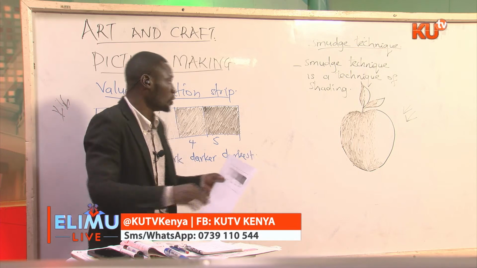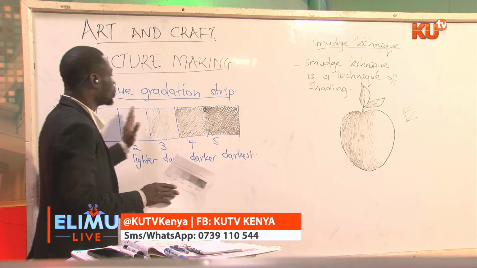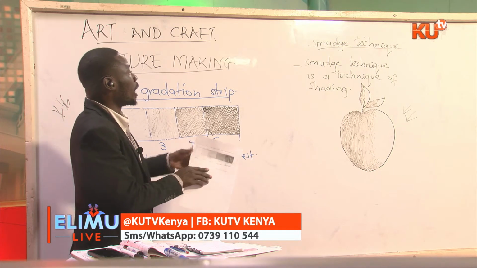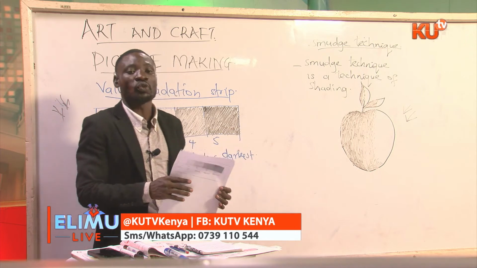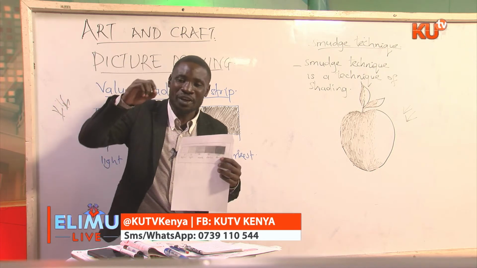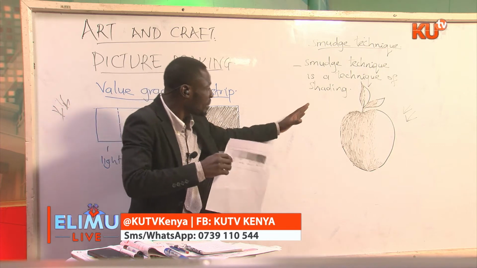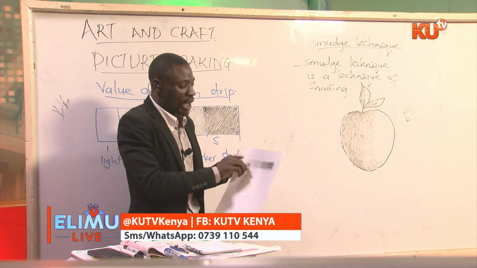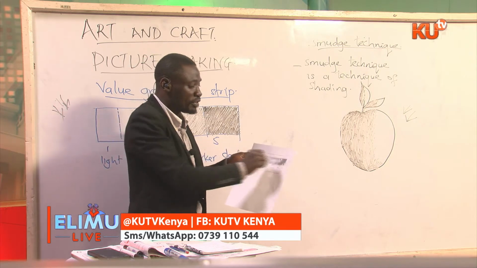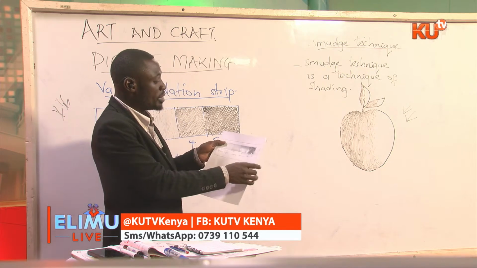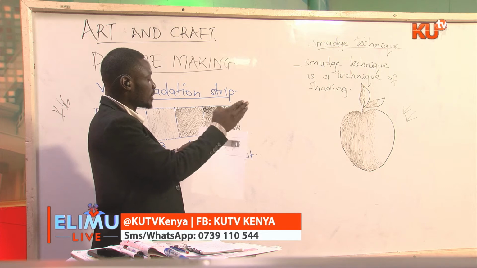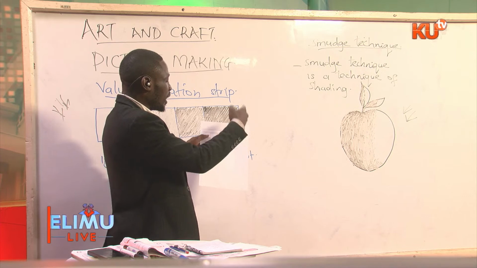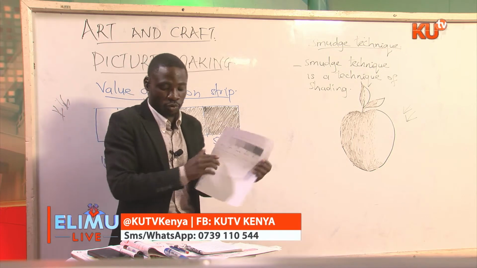And here is a value gradation that helps us know how to shade a form, so that we can come up with a form or an item. After drawing, the person who will be observing will be able to know where the light is coming from and which part is darker, which part is lighter. And that is what we've learned today.